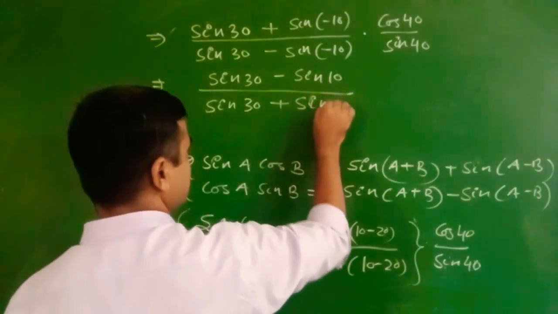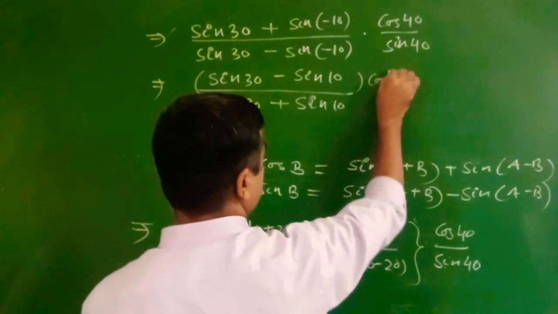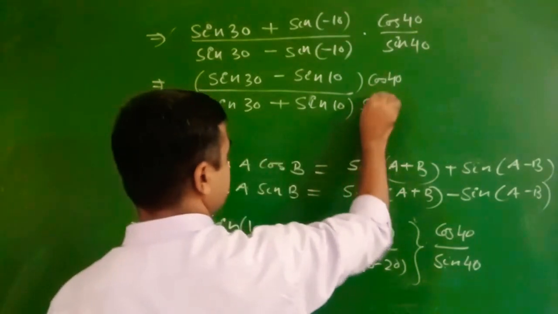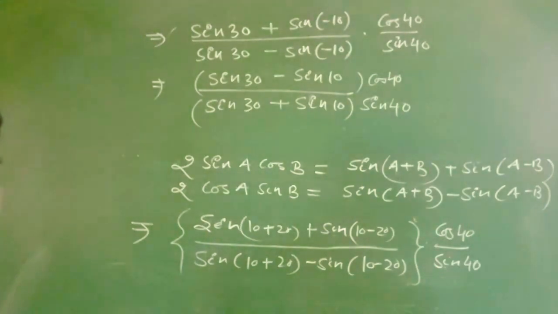In the numerator it is multiplied by cos 40, and the denominator will be multiplied by sin 40.